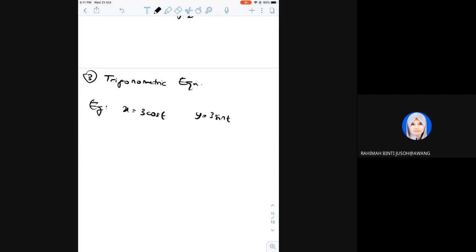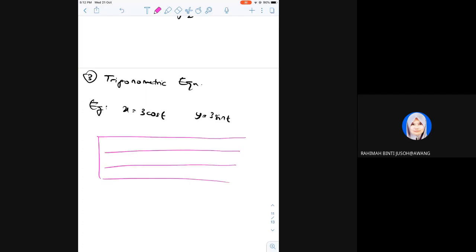By using table, ni saya explain dululah sebab saya nak you faham betul-betul ni. 1, 2, 3, 4, 5. Okay, normally guys, dia akan bagi interval, standard interval untuk trigo adalah from 0 until 2 pi. Okay, from 0 until 2 pi. So here is t, x and y. So, bila case macam ni, kita akan start dengan 0, pi over 2, pi, 3 pi over 2 and 2 pi.